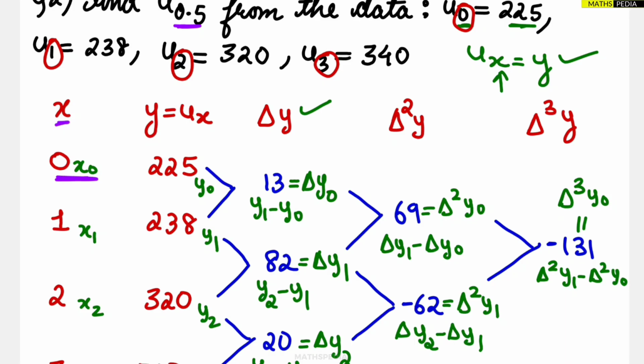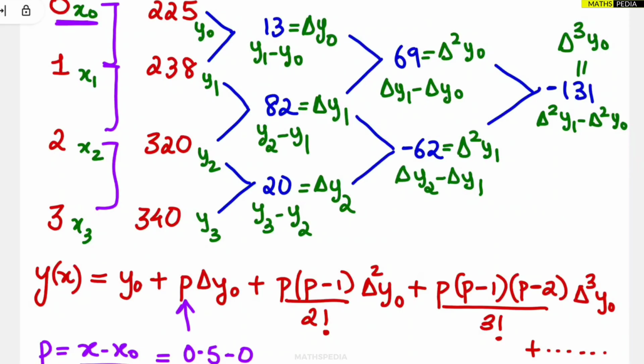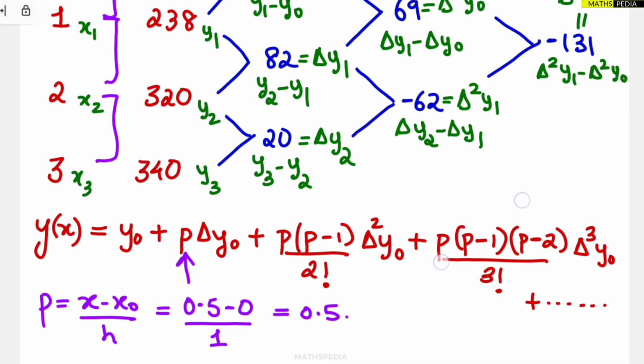Looking at the x intervals, 0 to 1, 1 to 2, the gap is 1. So how much are you getting? 0.5. This p value you have to use in the formula.